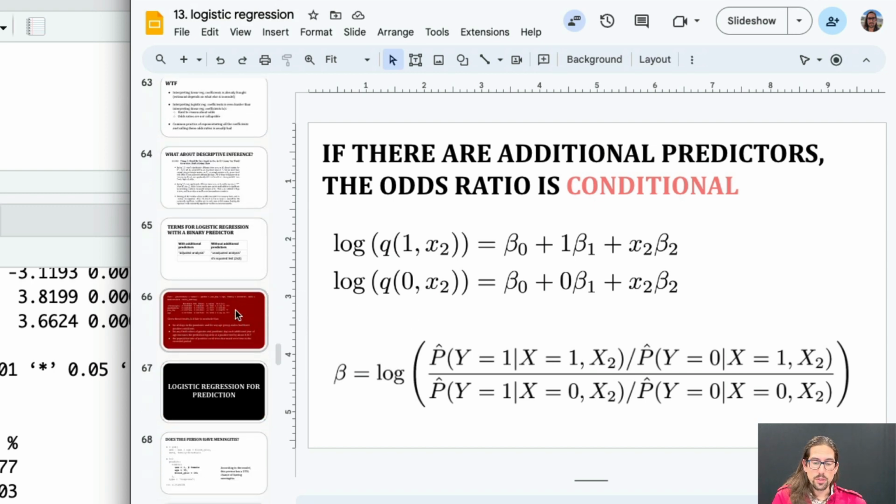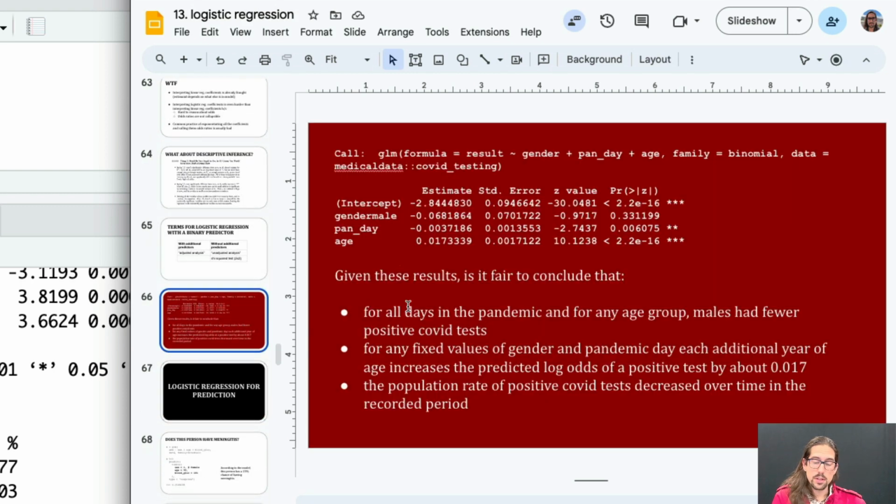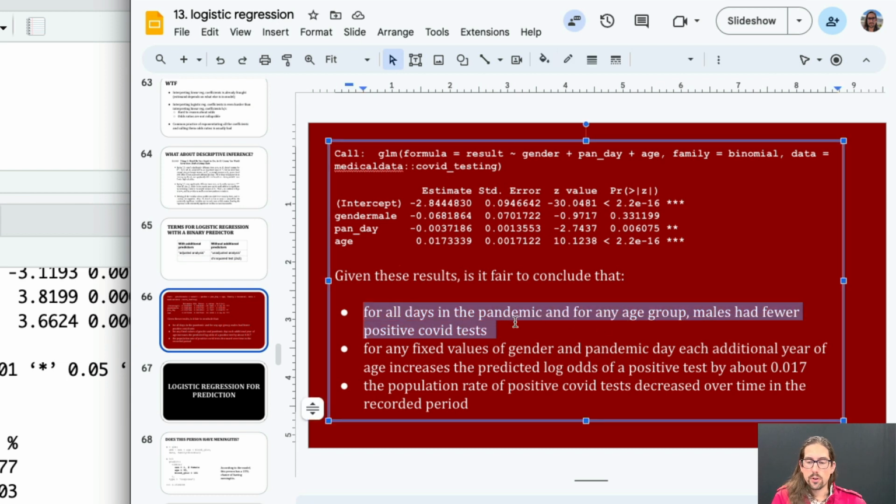And the problem with this, that's true. There's nothing false about that. The problem is that this is now inferring something about the actual data from the model. So just because the model thinks that this conditional odds ratio holds, this is the model's interpretation of the truth. That does not mean that is actually the truth.